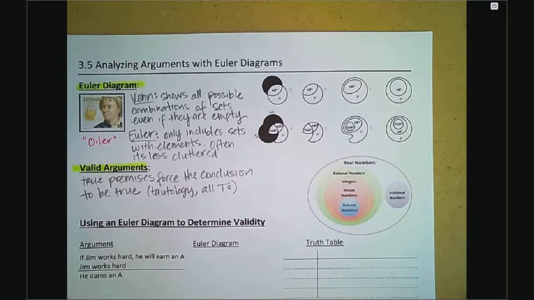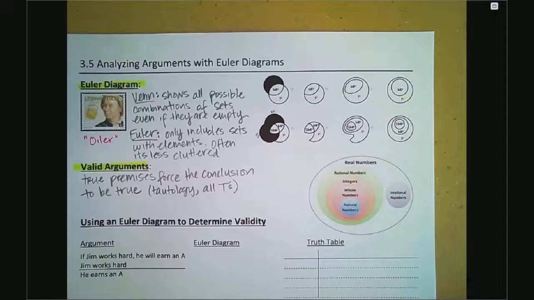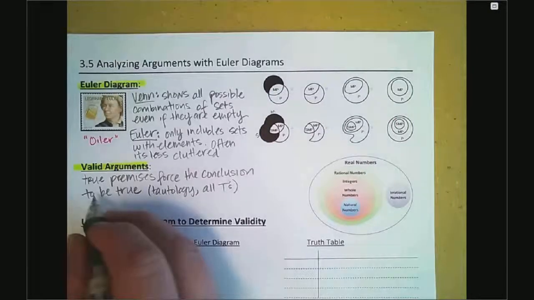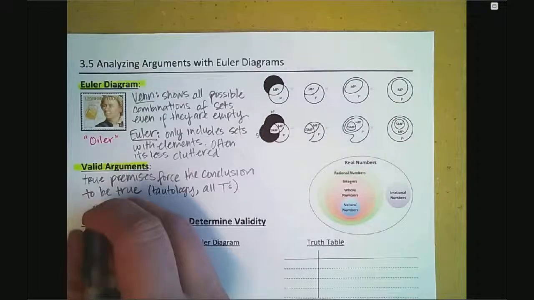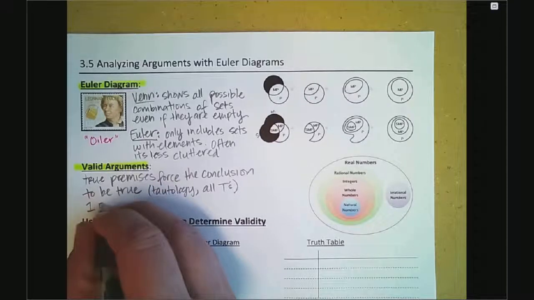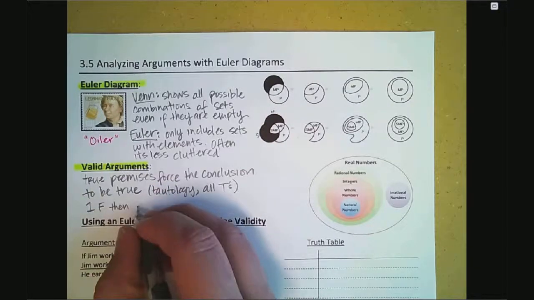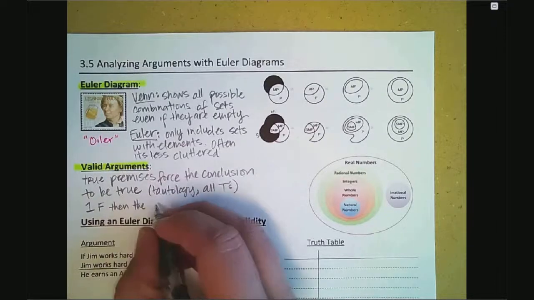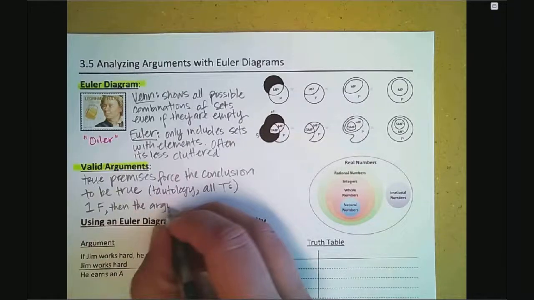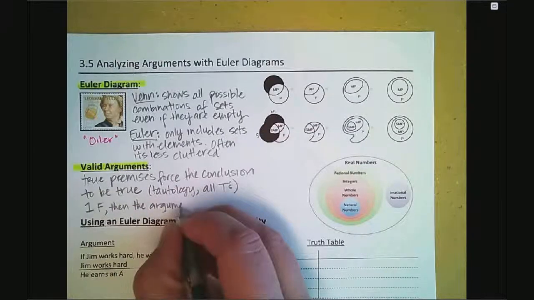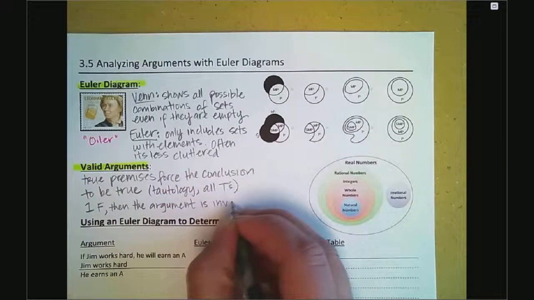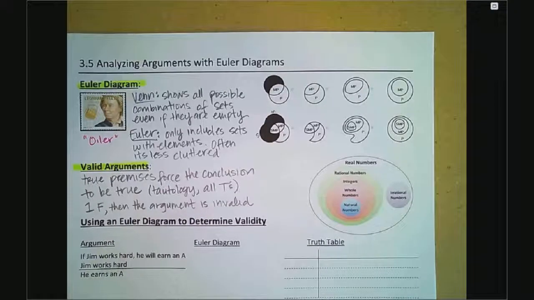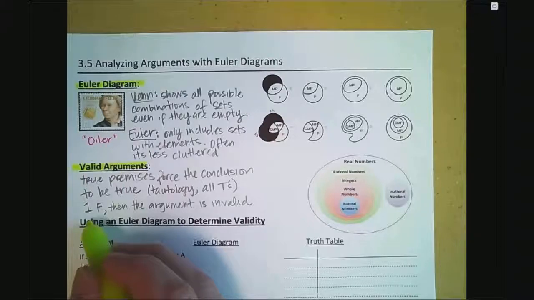Just a note with the truth tables, if you have false, then the argument is invalid. So let's start using Euler diagrams to determine validity. We're going to use truth tables to verify what we think.